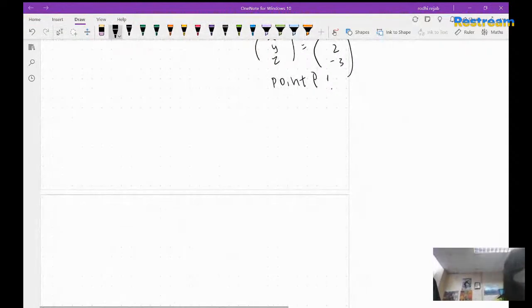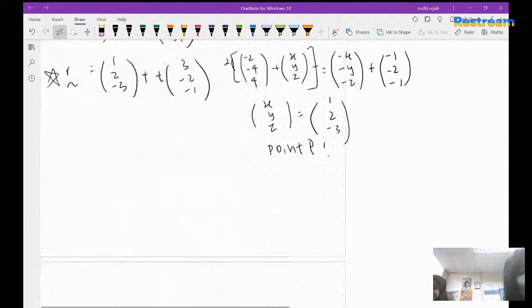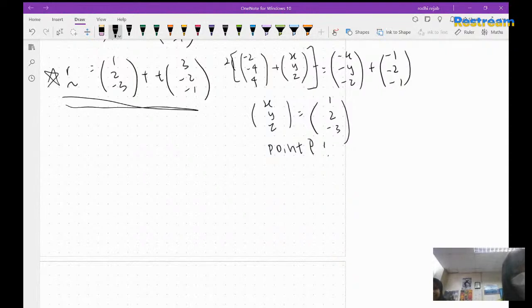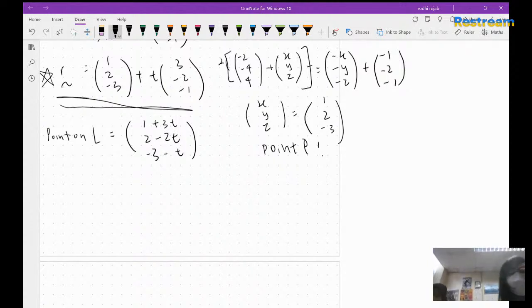First, since we have the equation of line L already, we can say a point on L is equal to 1 plus 3t, 2 minus 2t, -3 minus t. So this is the point on L, and we're going to find which point it is.